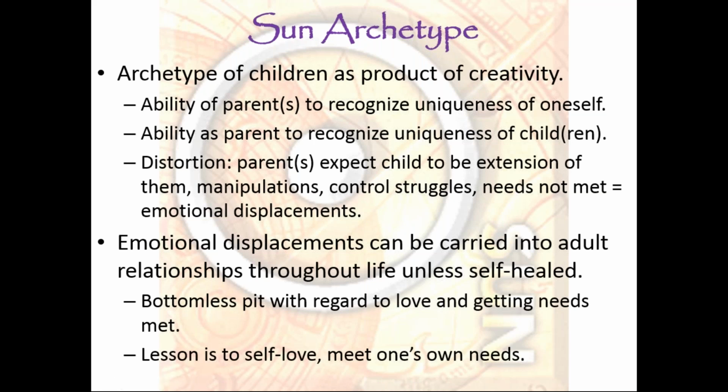Our needs are not met. And so those emotional displacements then get carried into our adult relationships throughout our life. Daddy didn't recognize me, so I'm always looking for the man in my life who will recognize what daddy didn't notice.